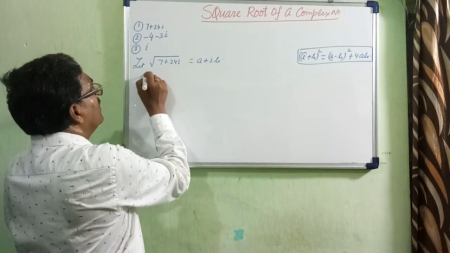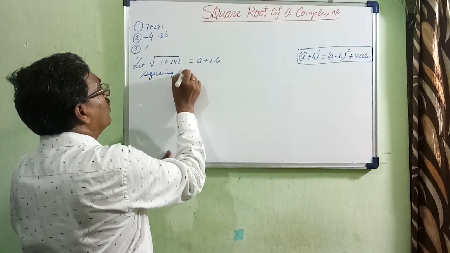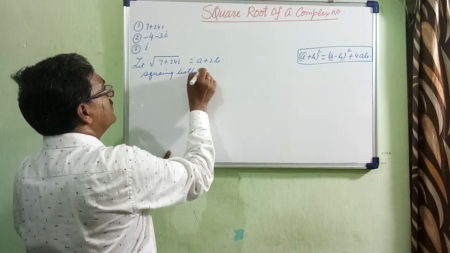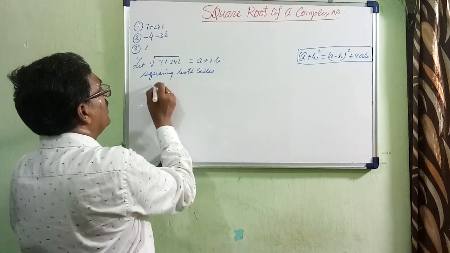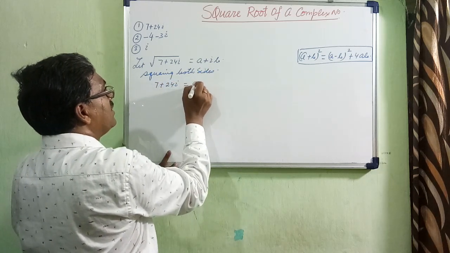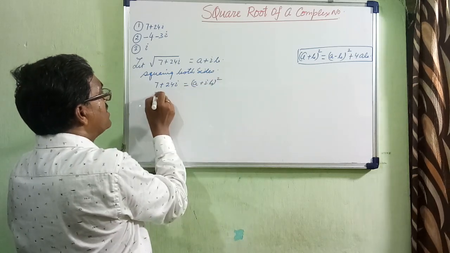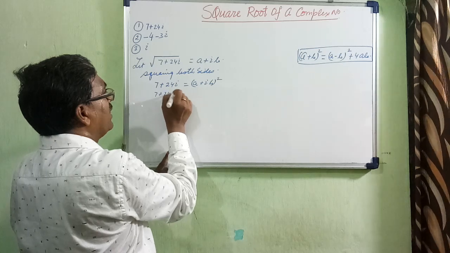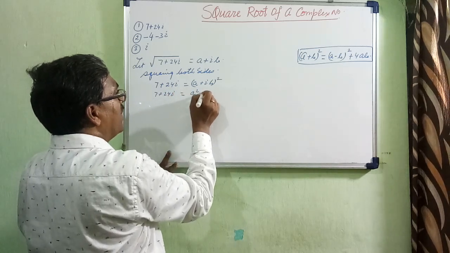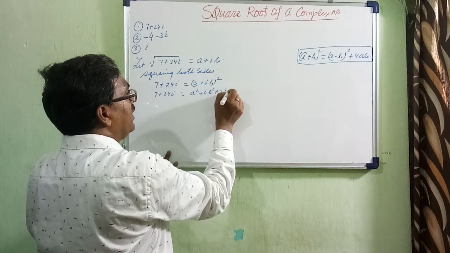Squaring both sides, you have 7 plus 24i is equal to (a plus ib) whole square, which is a square plus i square b square plus 2i ab.